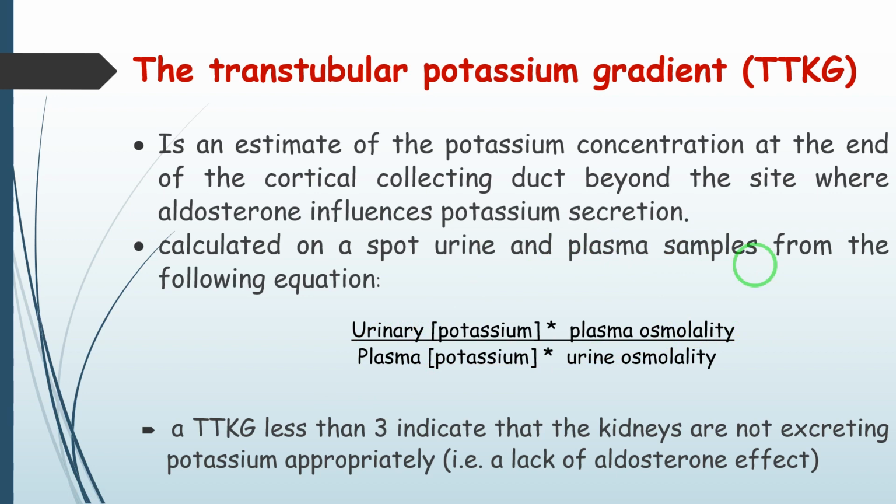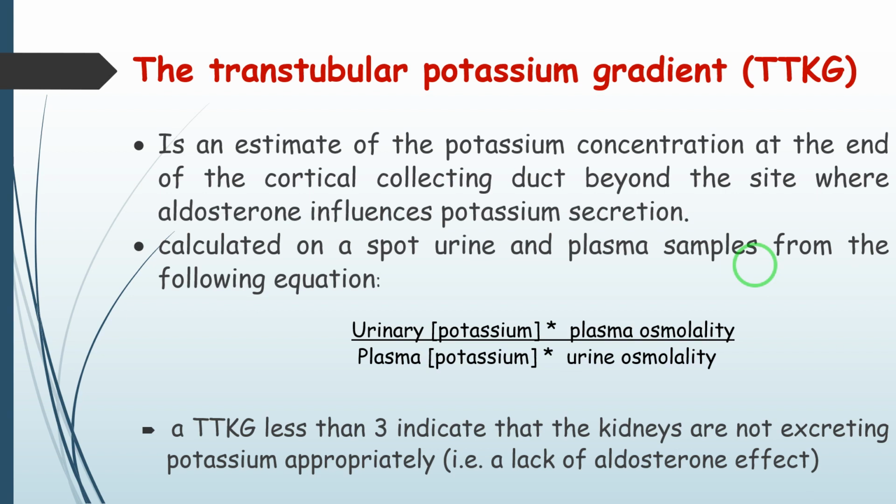So the measurement that is appropriate for knowing if there is deficiency or excess of potassium is the plasma potassium, and it must be a fresh sample, and the sample must be unhemolyzed. And then we measure the urine sample.